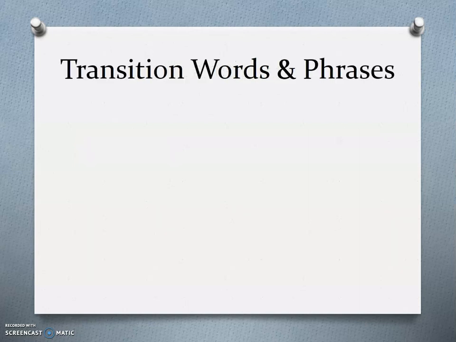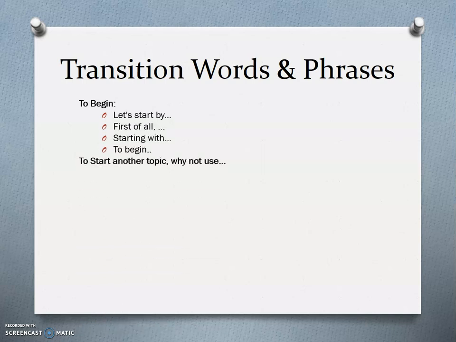So these are some transition words and phrases that you might want to refer to again when you come to the point where you're writing your own paper. But when we look at the example, you will also be paying attention to these. So if you're beginning a new topic or even beginning your first point, you have a lot of options. Let's start by, first of all, and so on. If you're starting another topic, you have some other options.